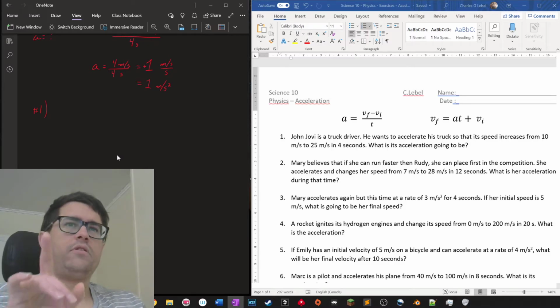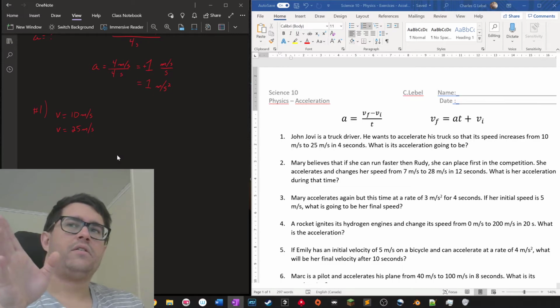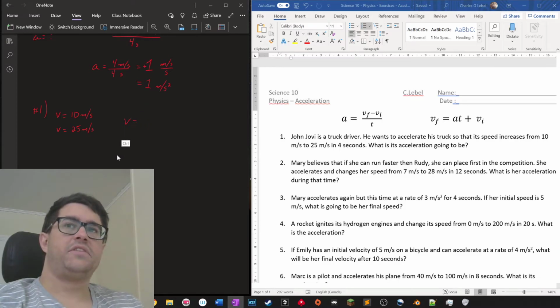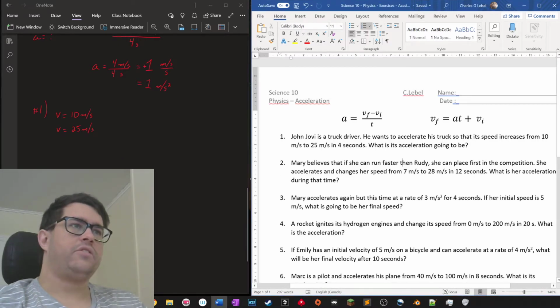So number 1, its speed increases from 10 meters per second to 25 meters per second. These are 2 speeds. As soon as you have 2 speeds, you're probably not going to be using this formula, because there's only 1 speed, and that's for a constant velocity. Clearly, this is not a constant velocity if it's changing. So which one is initial, which one is final? That's your decision to make. Well, we have to look at the English.